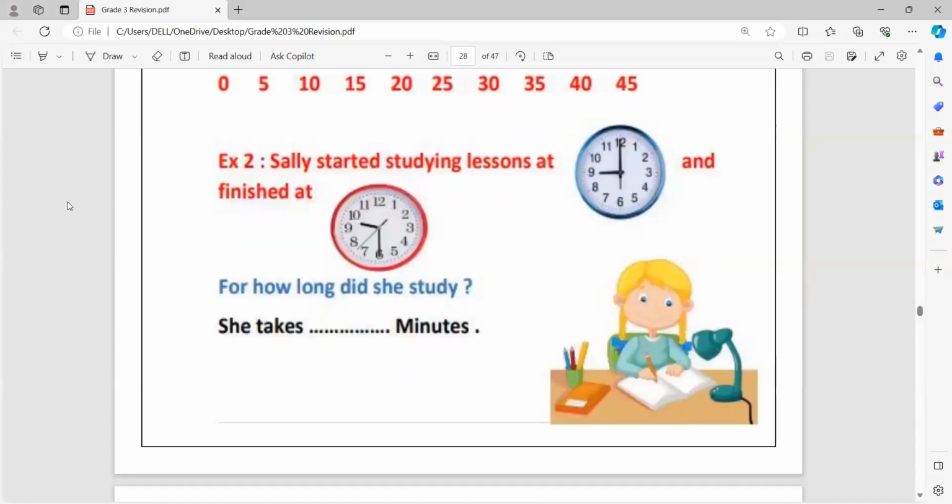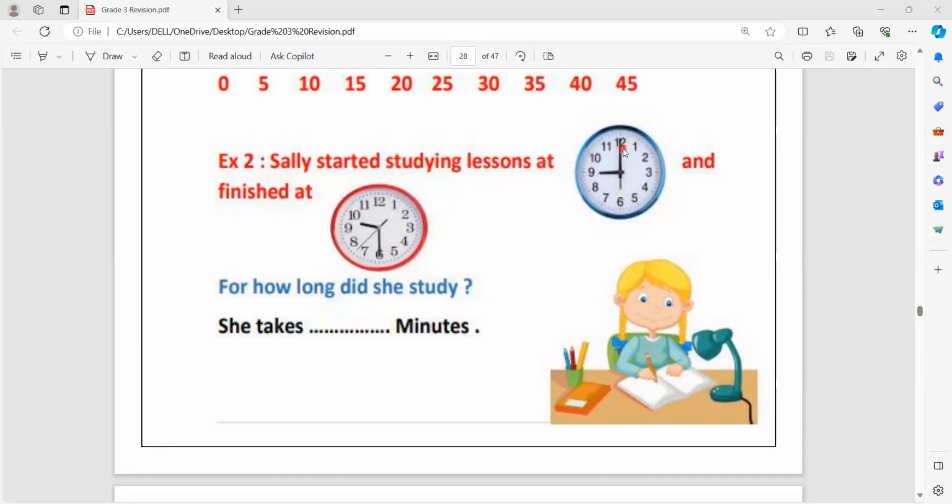Another example in elapsed time. Elapsed time again means the time that we take to do something. Like Sally. Sally started studying lessons at, can you see here? It's 9 o'clock. But she finished at 9:30. So for how long did she study? Here the shorthand is on 9 and it's still on 9.